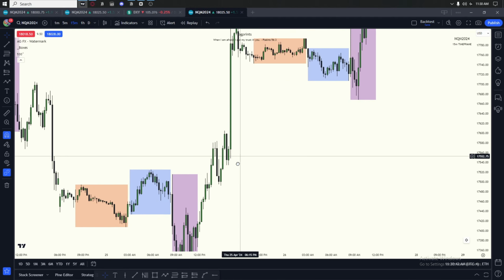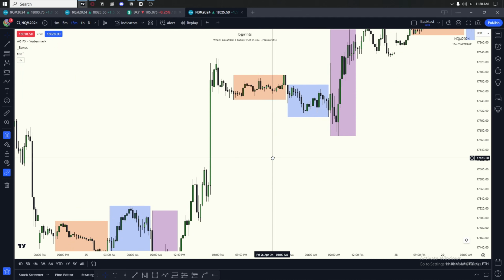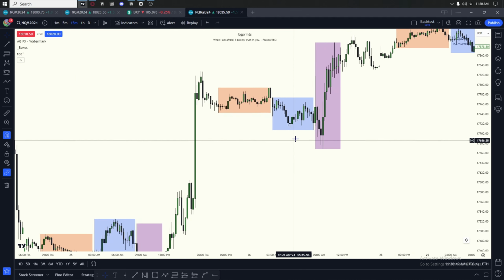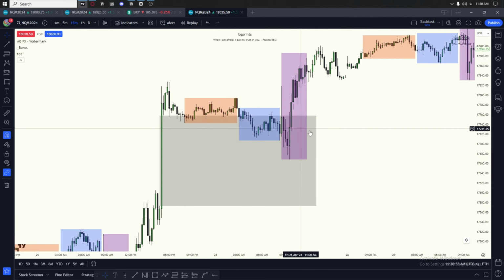I'll go for a few more examples. Once again, no true manipulation here. Not very easy to see, so I would consider that accumulation once again.